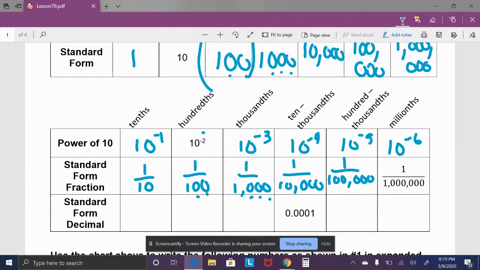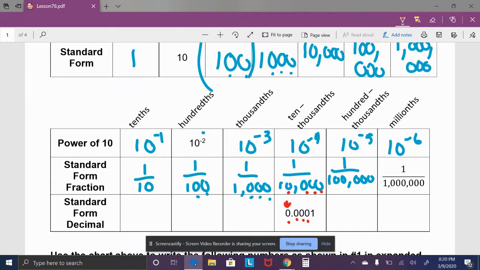Now, when I write these in standard decimal form, there's a little bit different correlation. Same number of zeros, but there's a 0 before the decimal. So we have here 1, 2, 3, 4 decimals, and we have 1, 2, 3, 4 zeros there. But remember, 1 is before the decimal.